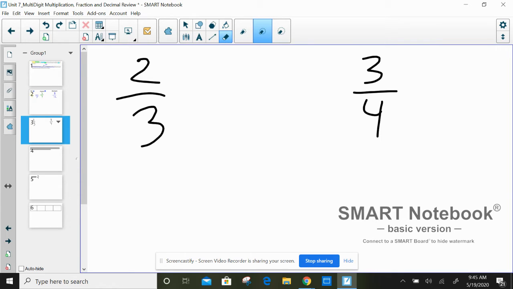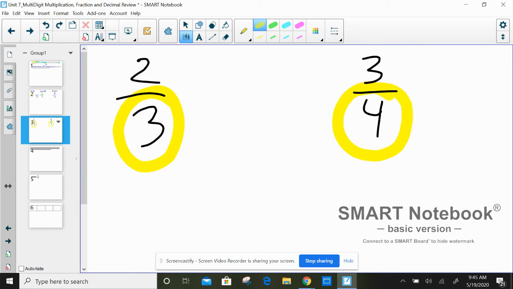If I multiplied one side by something, would I be able to get the same thing? Now, it's really difficult because in this case we have different denominators. We have a 3, we have a 4, but multiples of 3 and 4, we have a common multiple.